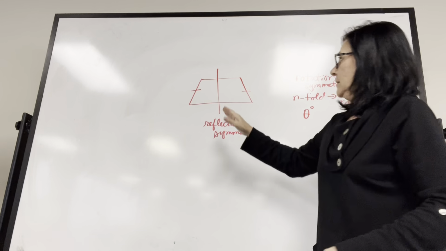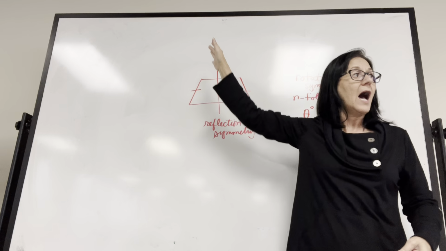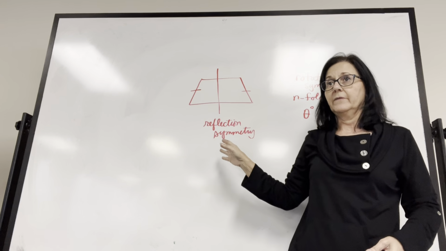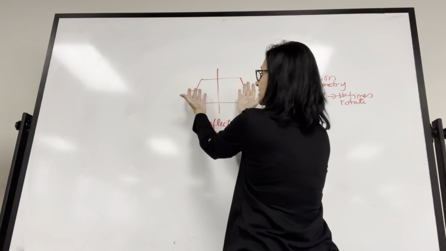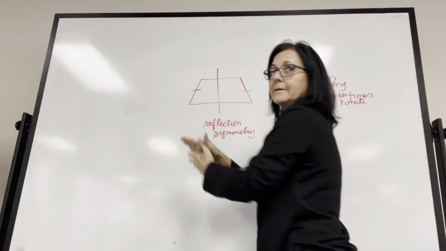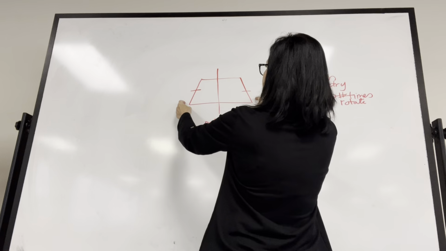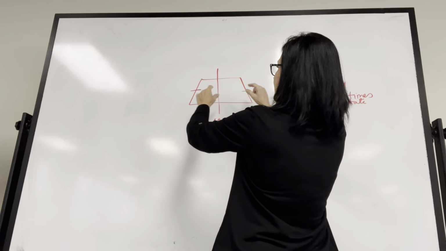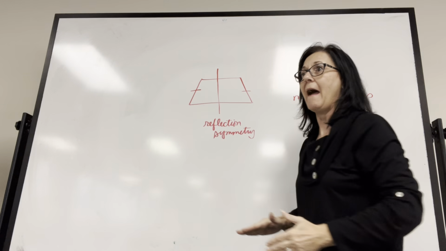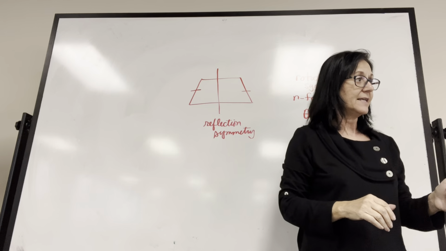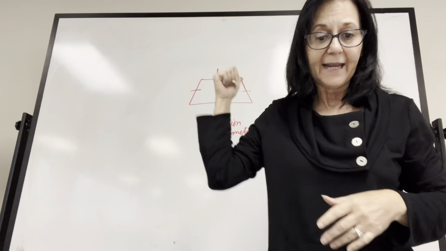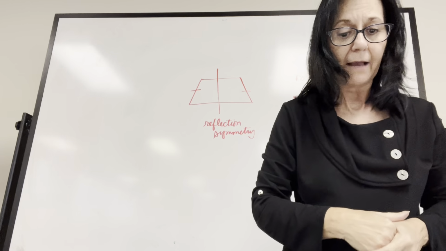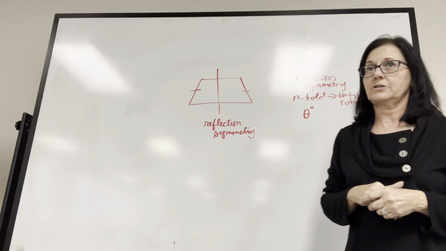So you have this line of symmetry through which you can draw through the image such that you could fold it and every vertex, every distance would match. Does that make sense? That is reflection, sometimes called line symmetry.